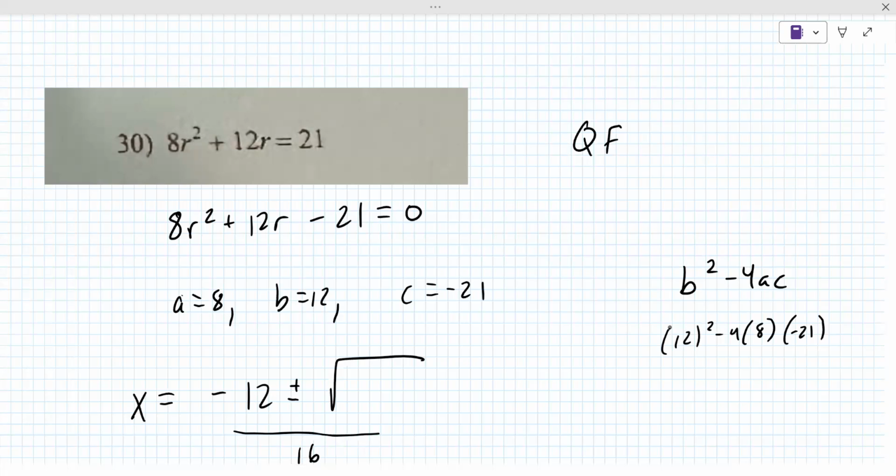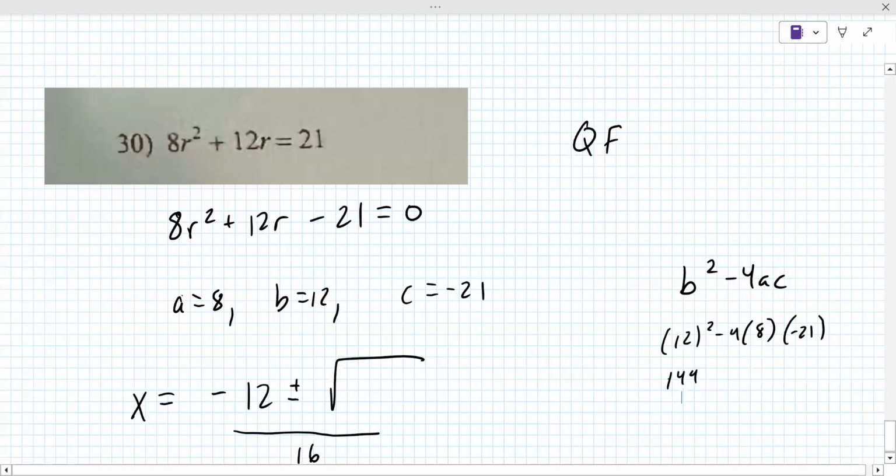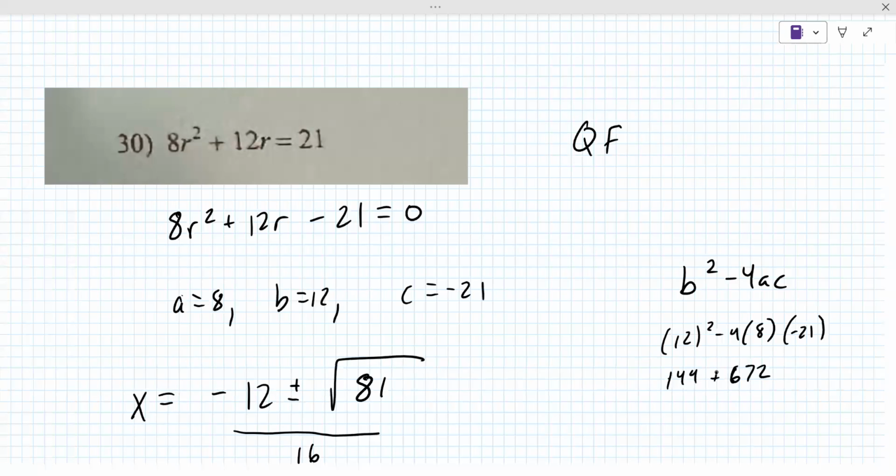We got different numbers here. 12 squared is 144. 4 times 8 times 21, I don't know what that is. I did the whole calculation together, so I'll do that next. That's minus 672, so it ends up being plus 672. Okay, so it ends up being 816.